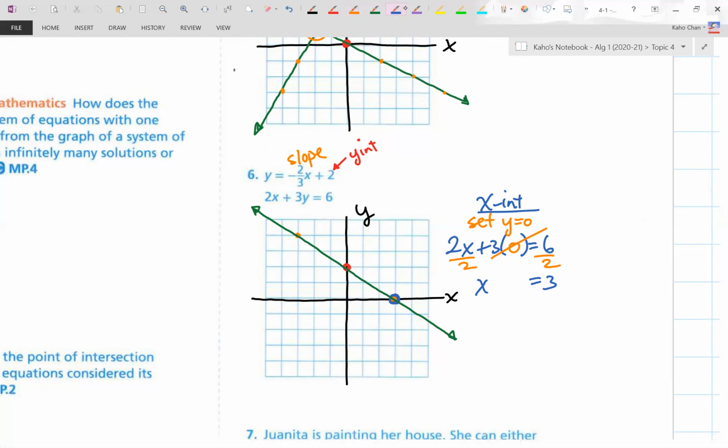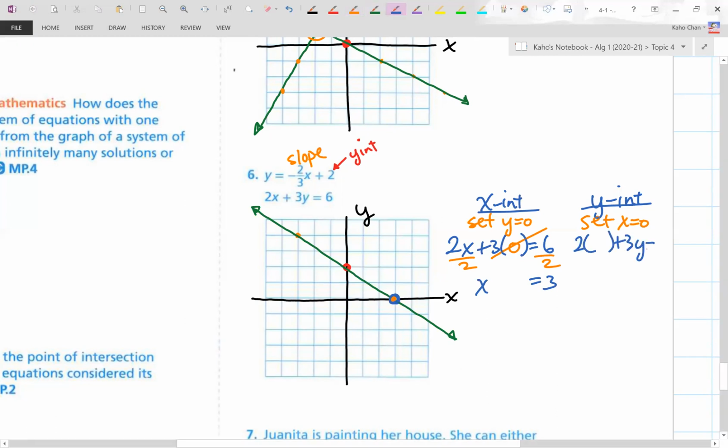Pretty much. Let's make sure that's not parallel lines though. Let's figure out what's going to happen with the y-intercept. Set x equal to 0. Let's do it. 2 times 0 plus 3y equals 6. That zeroes out. Divide by 3, the coefficient there, and I'll get y equals 2. Go to the y. Oh, whoa.